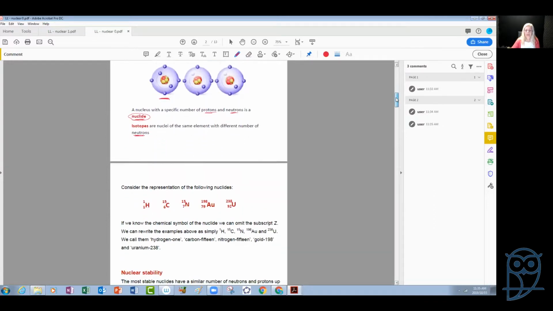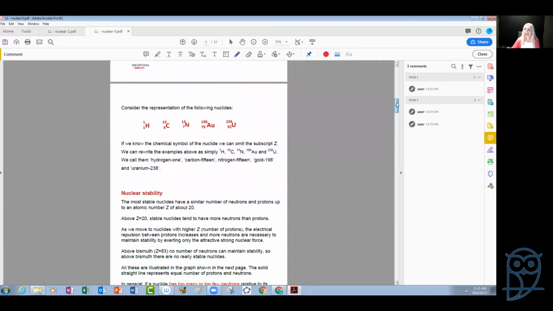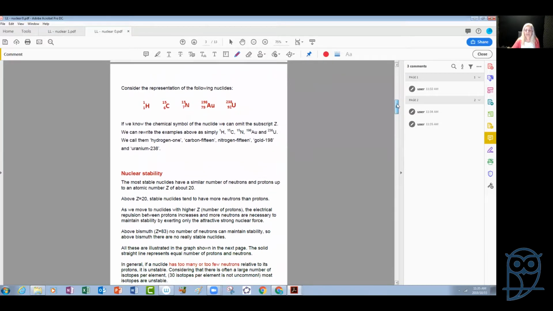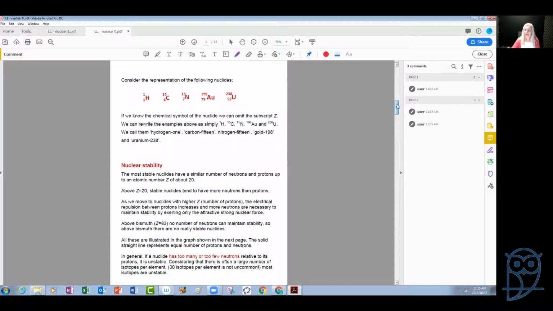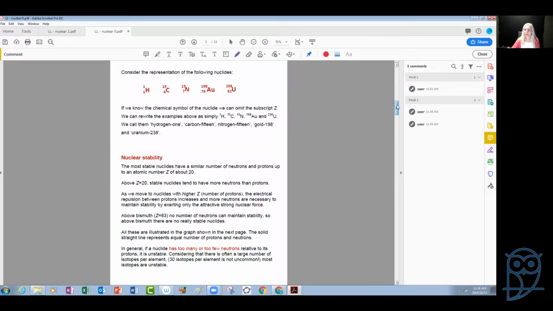Very quickly now. Since we are talking about nuclides, it's good to know that from now on, when we represent nuclides, there's no need to include the atomic number at the bottom of the symbol. Why? Because, say for nitrogen, a nitrogen nucleus can only have 7 protons.